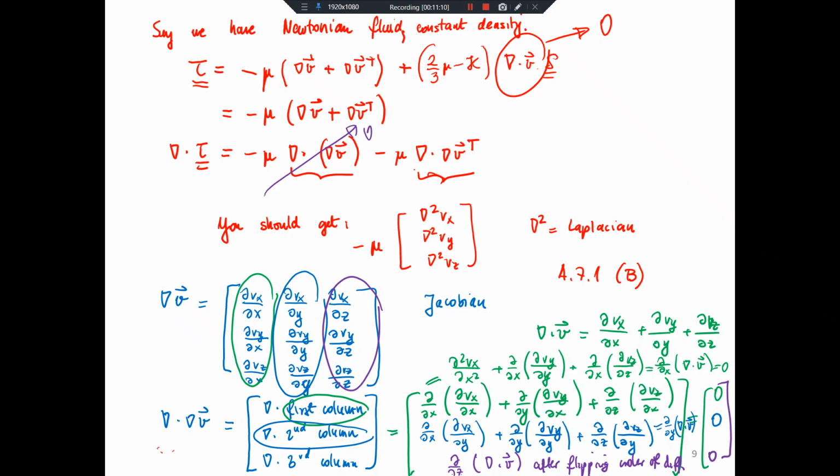So now I'm wondering, okay, the second part, what is that equal to? So remember that it is minus mu times the gradient of v plus the gradient of v transpose.